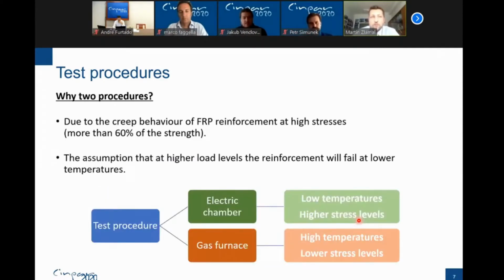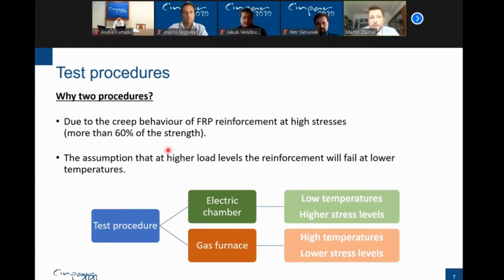So why we use these two procedures? As I said, we got two test procedures. The first one is an electric chamber, and the second one is the gas furnace. We use electric chamber namely for high stress levels and gas furnace for low stress levels. But why? It's namely because of the creep behavior of FRP reinforcement.